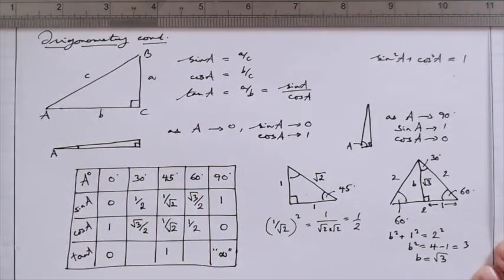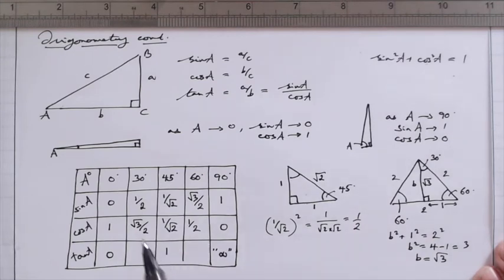So that's why we have this diagonal symmetry between 0 and 90 degrees. And so if you know sine 30, you automatically know cos 60, and if you know cos 30, you automatically know sine 60, and so on and so forth. And in fact, it's that symmetry that says that sine and cosine have to be the same at 45 degrees.